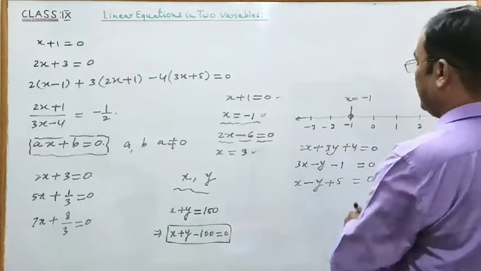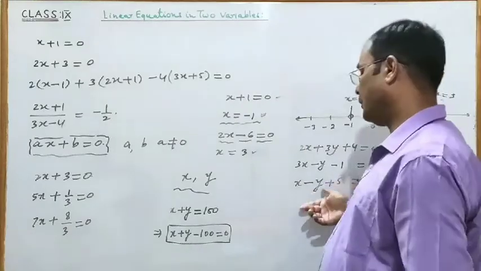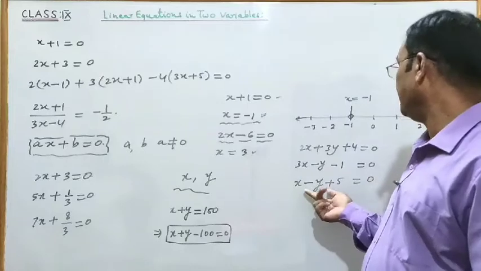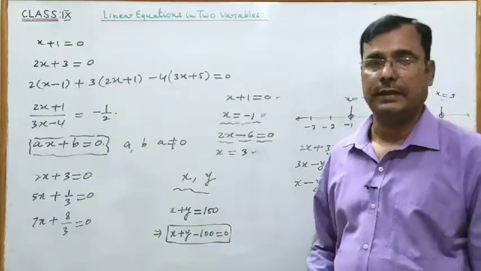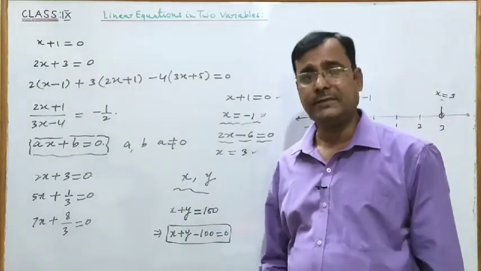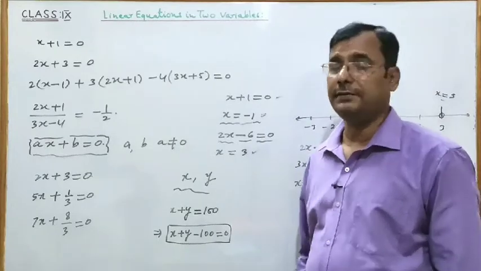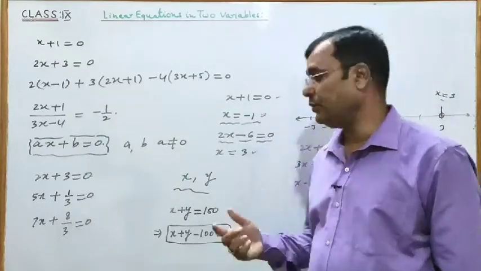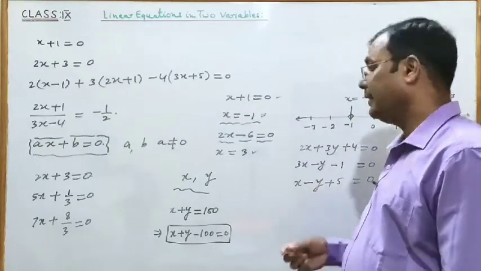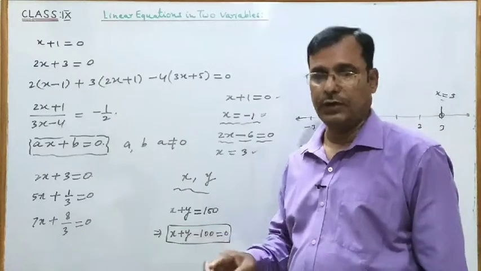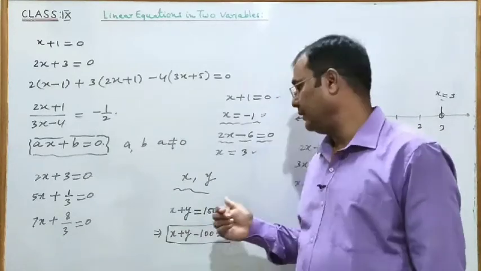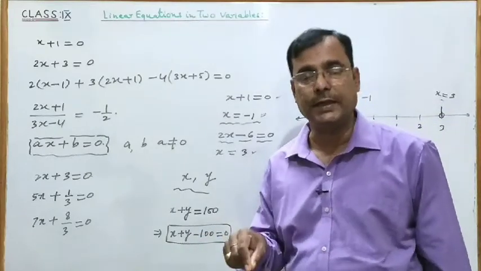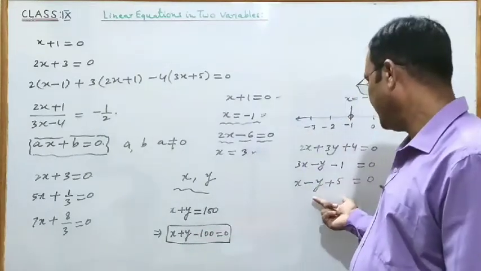All these are examples of linear equations in two variables, because they involve two variables x and y. Also the exponent of variables x and y is 1. Because of exponent 1, these equations are linear, and because of involving two variables, they are equations in two variables.